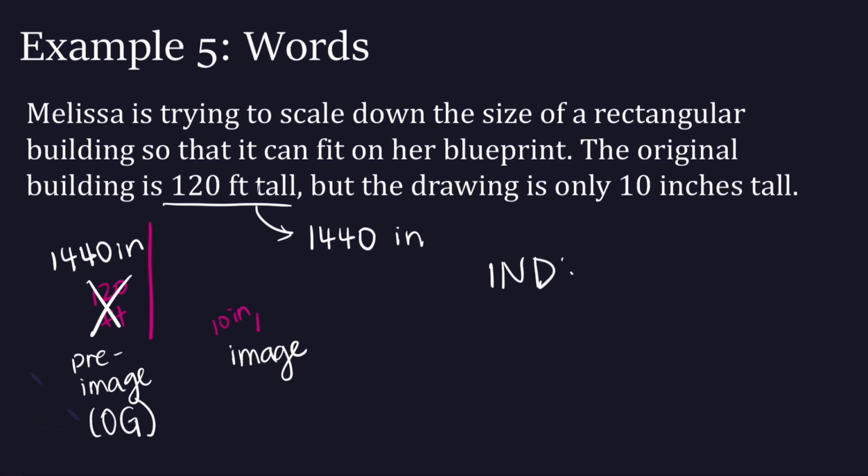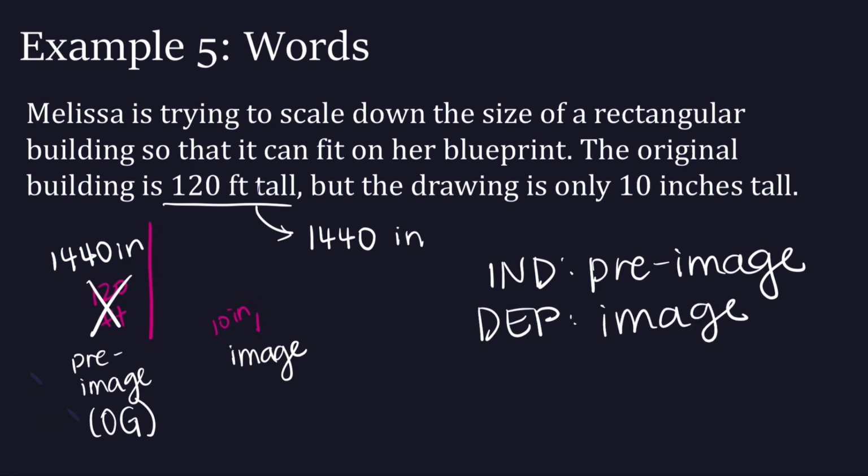So my independent variable, remember, is the pre-image, the original. And then my dependent variable is the image. And then my constant of proportionality would be the 10 inches divided by the 1,440 inches. And again, like we had before, now that the units match, I don't need to have a constant of proportionality unit.